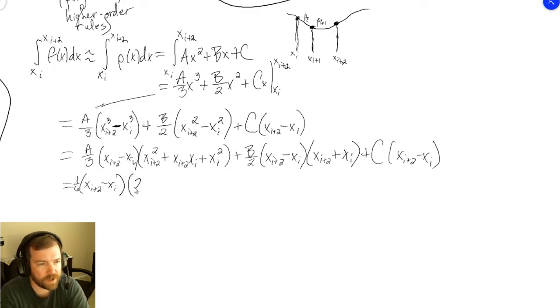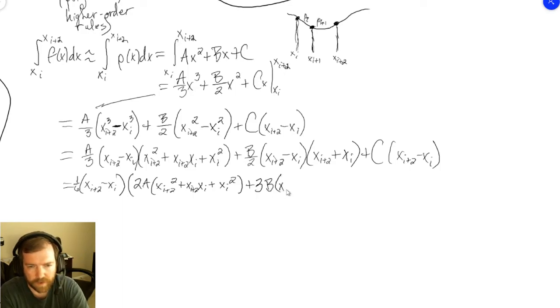That leaves a 2a times x sub i plus 2 squared plus x sub i plus 2 x sub i plus x sub i squared. Plus, this is now going to be a 3b with x sub i plus 2 plus x sub i, plus c.